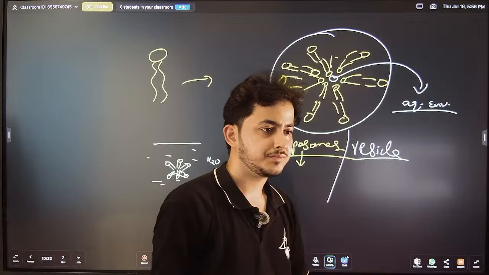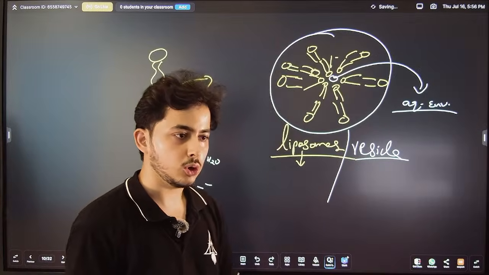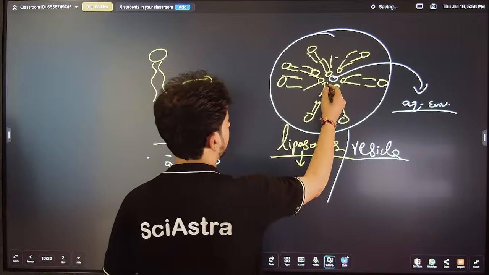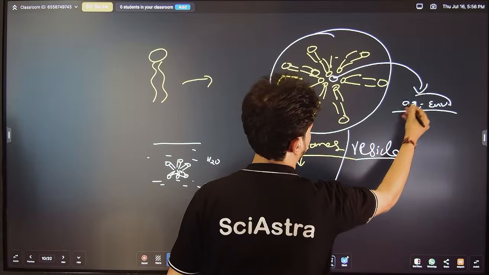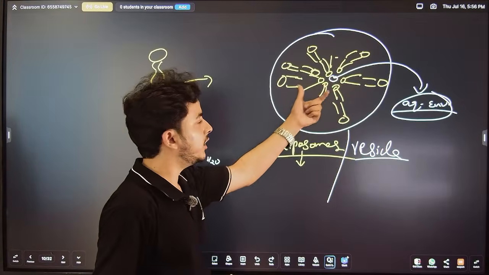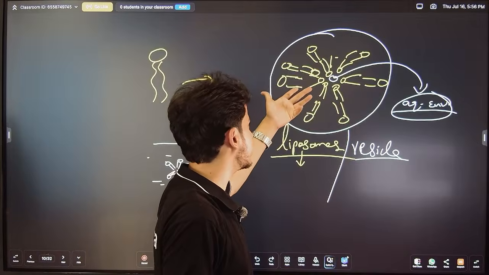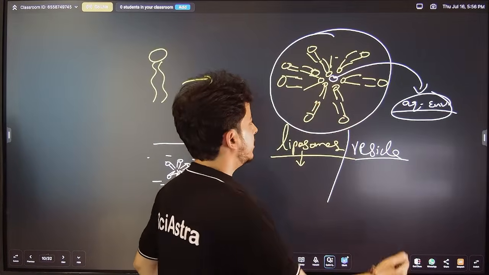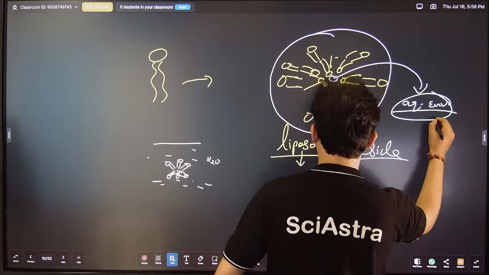So, is the liposome hollow? No, the liposome is not hollow. Inside you have the aqueous environment. You have water where all your DNA, RNA and all the materials can be present.